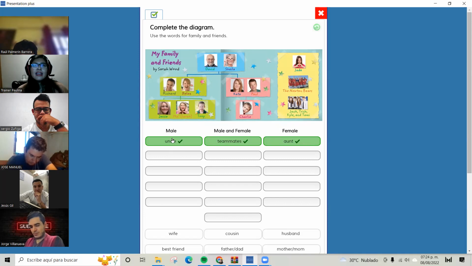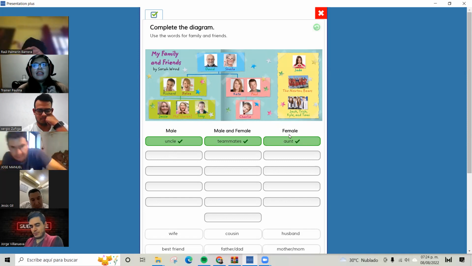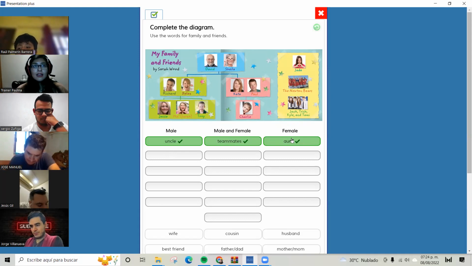For instance, my uncle is a man, so I'm going to put it under male. Teammates can be men or women, all men, all women, or a mixture of the two. So I'm going to put it here in the middle. I can use it for male and for female. And then finally, what am I going to use only for females? ¿Qué voy a usar nada más para mujeres?